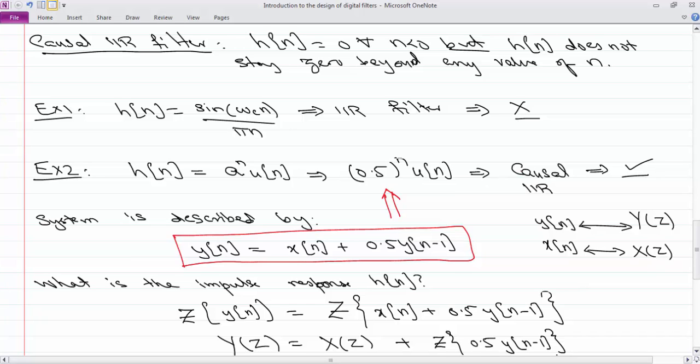Okay? And if it can be expressed as a difference equation, then it is really simple to implement, because all you have to do in your digital system is have a circular buffer which keeps track of the previous output, and then every new time instant it just shifts, makes your current output your previous output, and then multiplies it with 0.5 and adds it to your current input.